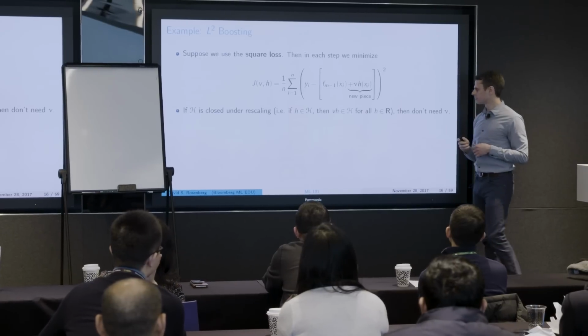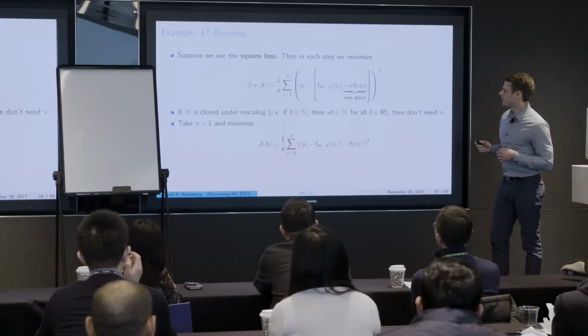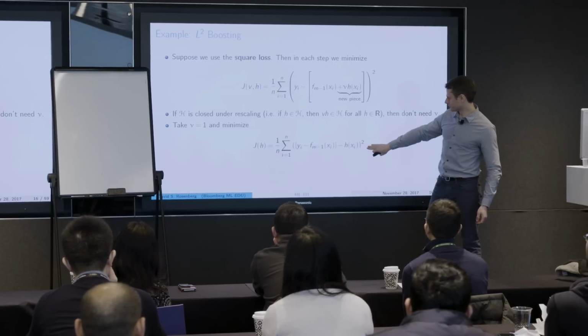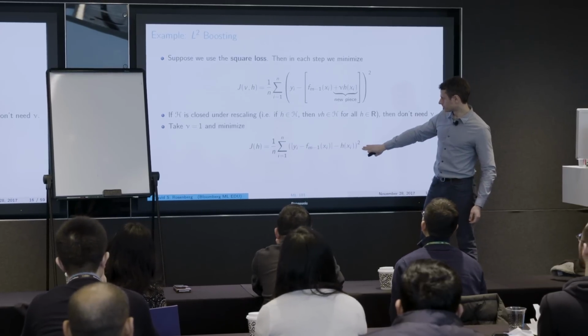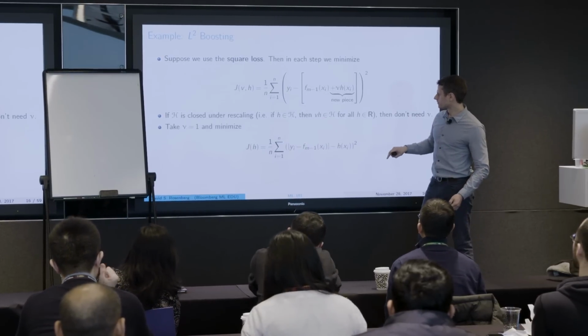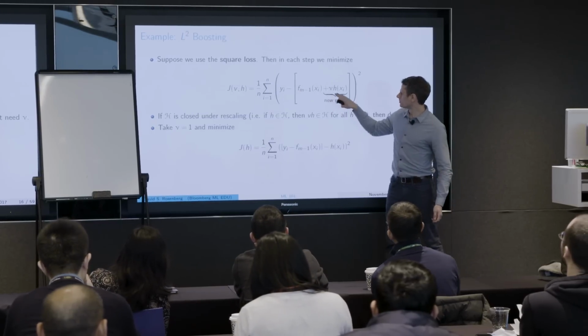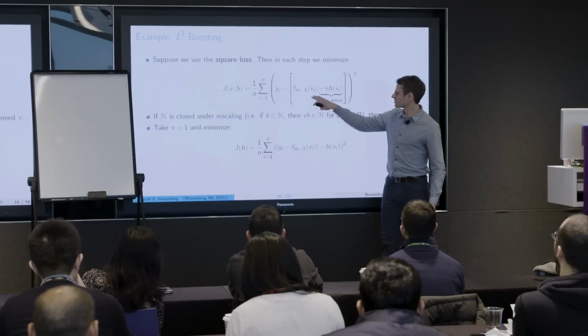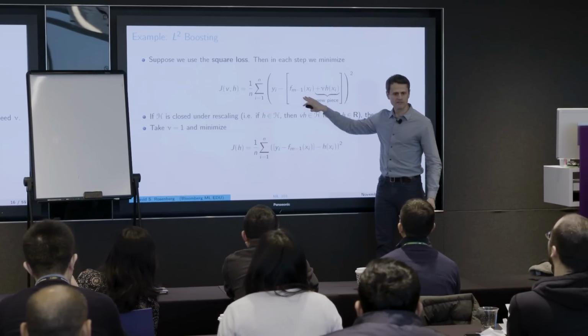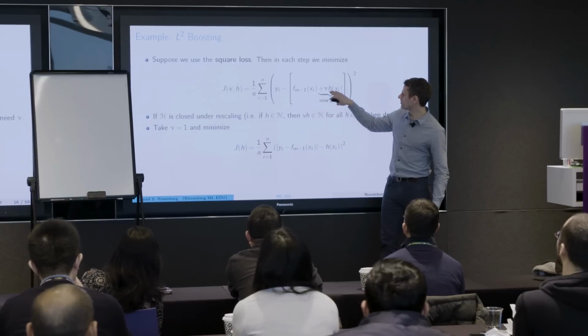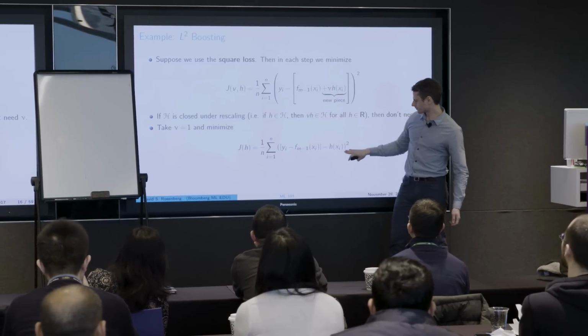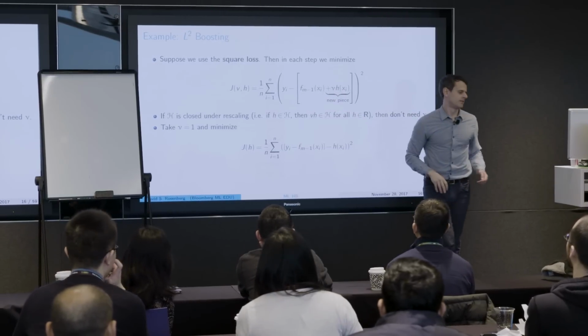So let's drop that for simplicity. And we get this. So we've taken two steps here, haven't we? We've rearranged a bit so that we group yi and f_{m-1} together, and then we've dropped the nu here. And we get this.